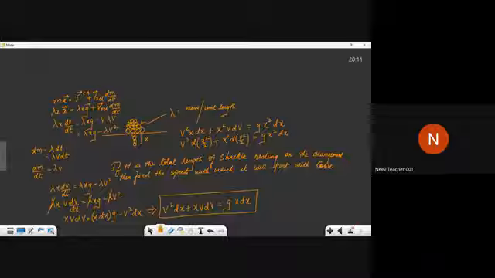2 if we take to that side, we get this as differential of x square v square is equal to twice of g x square dx. Do check, class. Do check this one, this one, this one.